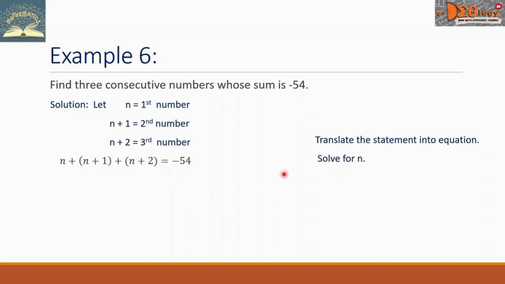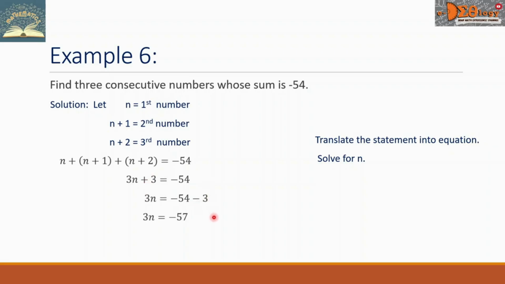So we have equals negative 54. Then let us solve for n. First, we can remove the grouping symbols and we combine n plus n plus n. That will be 3n. Also, we combine plus 1 and plus 2. So we have here plus 3, then equals the right side, negative 54. This positive 3 we transpose, so we have negative 3.